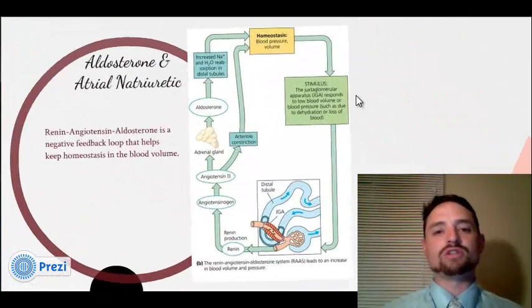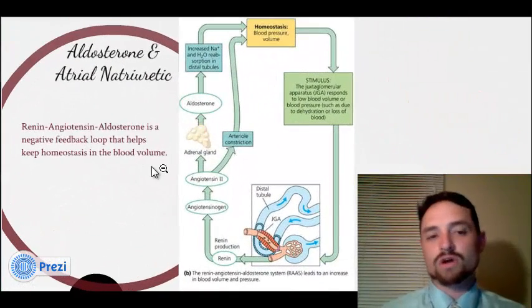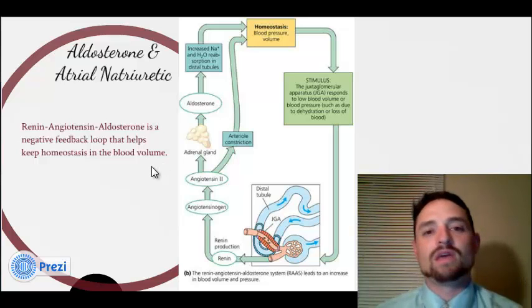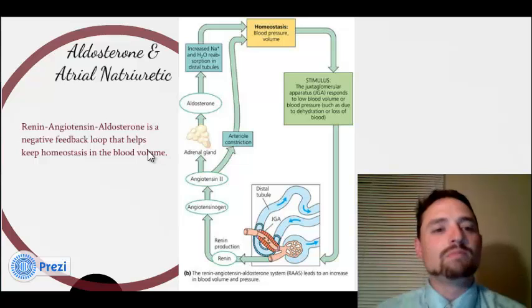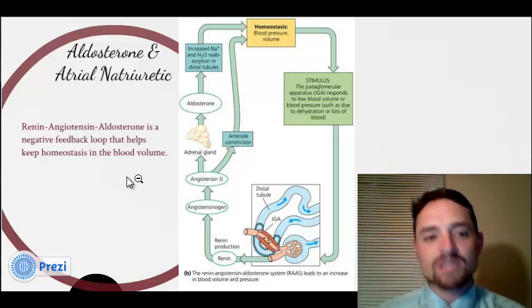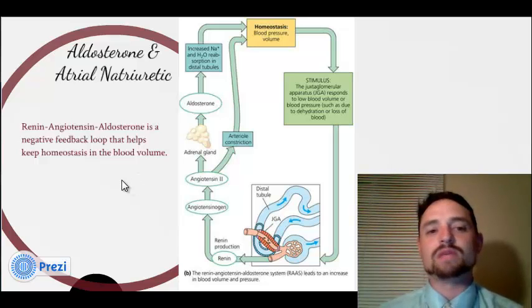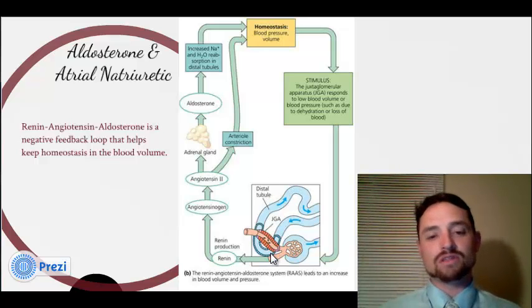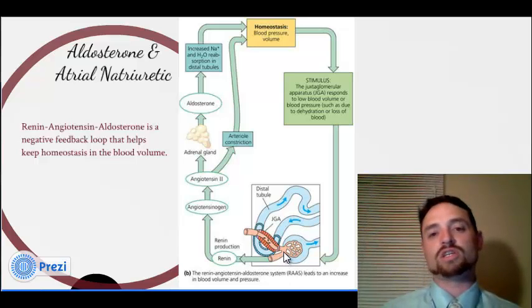The other one that I want you to see is aldosterone and the atrial natriuretic peptide. Sorry, that's a weird one to say. But here we've got what's called the renin angiotensin aldosterone system, and it's a negative feedback as well that helps keep homeostasis of blood volume. So blood volume is kind of like blood pressure, and as that decreases, it causes, this right here is called the juxtaglomerular apparatus.